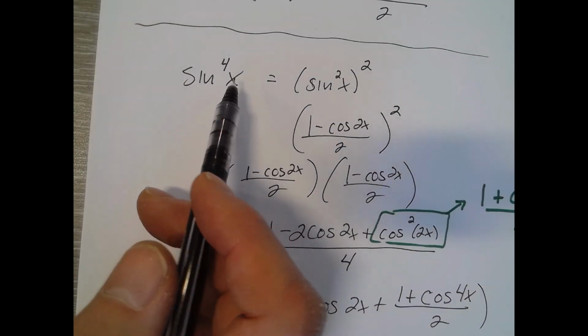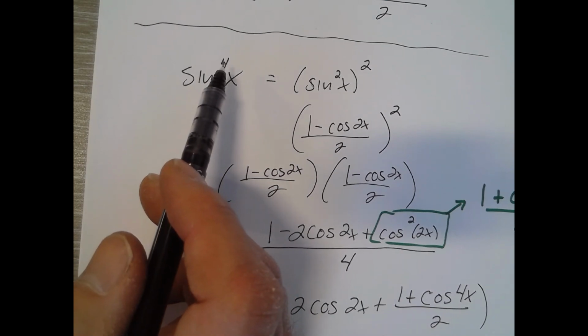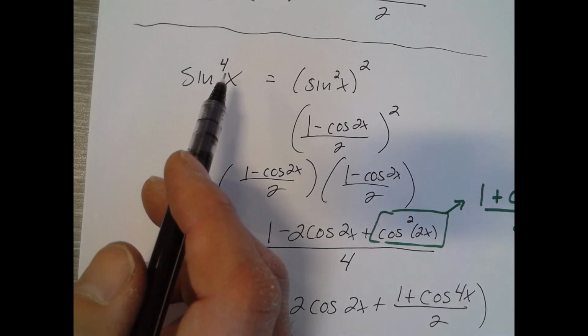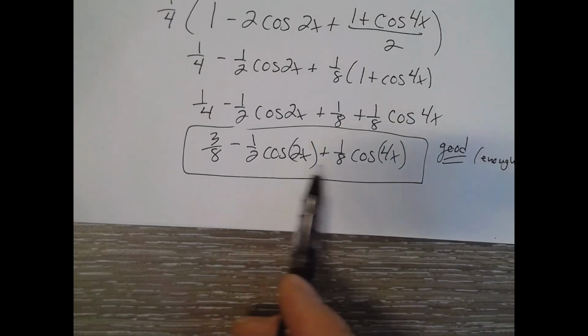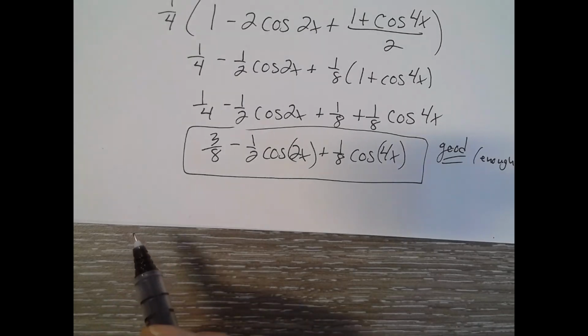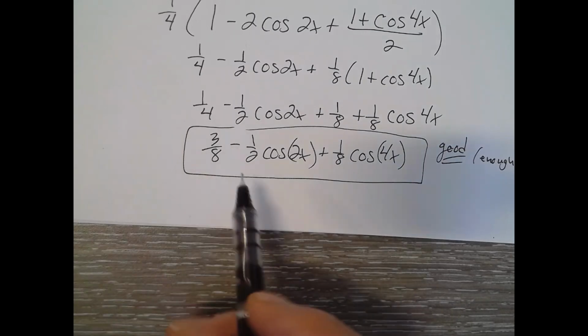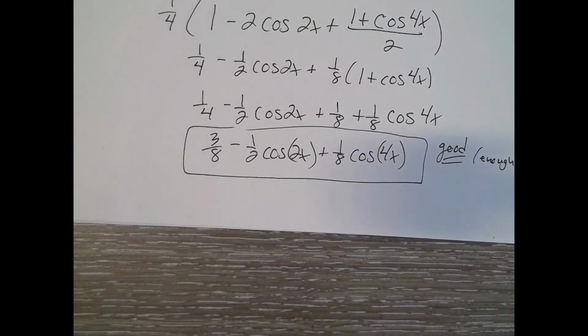So in calculus, if you're integrating sine x to the 4th, we may not know how to do it, but if you write it down with degree 1, we'd be able to integrate it. So we're manipulating it algebraically and trigonometrically so that you can do what you can do mathematically.